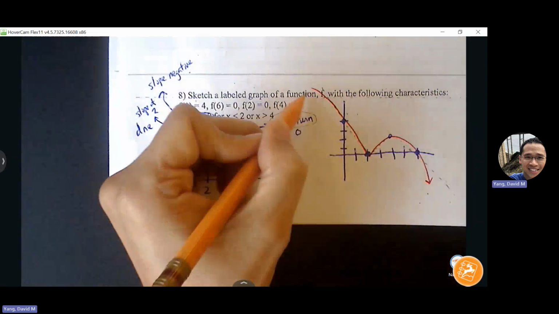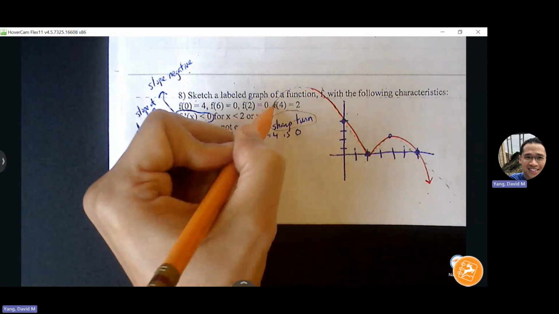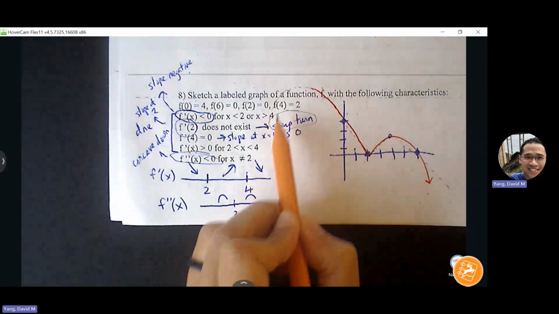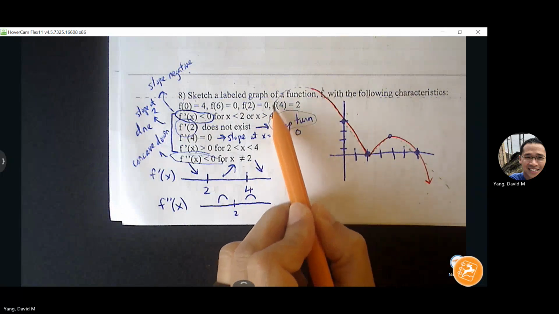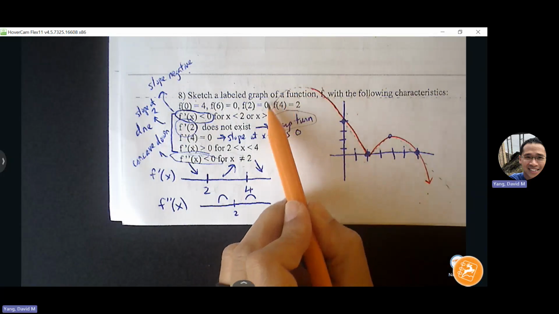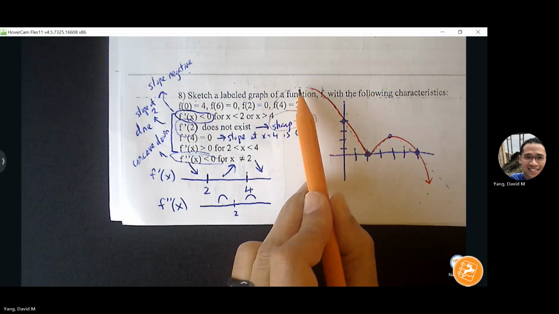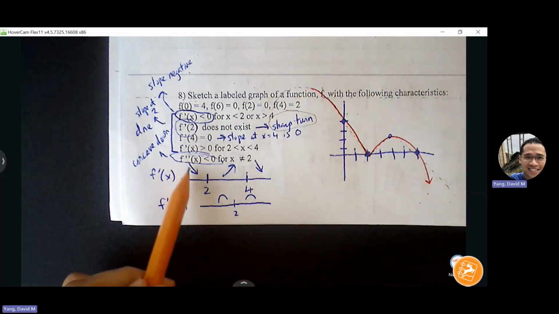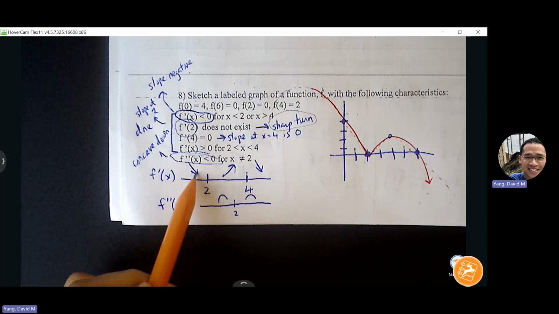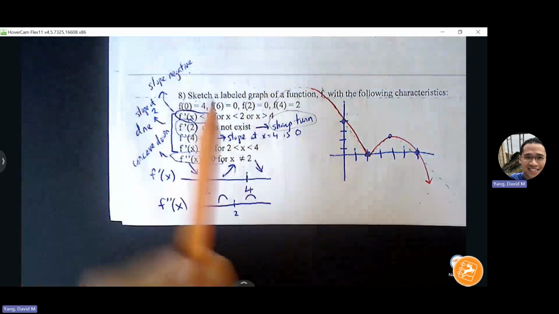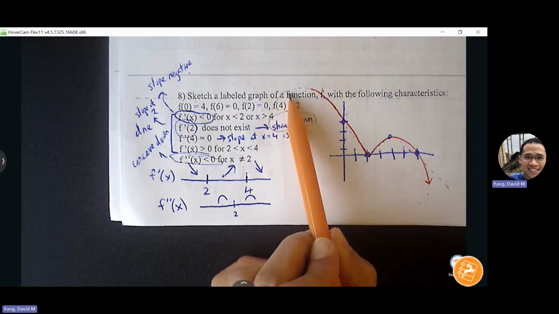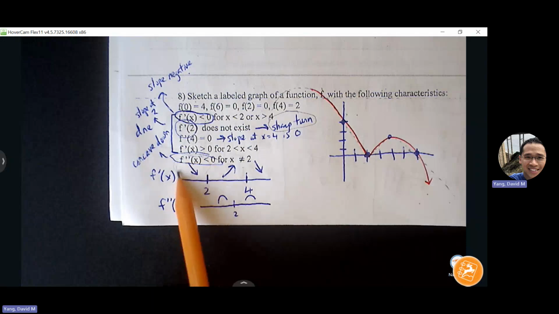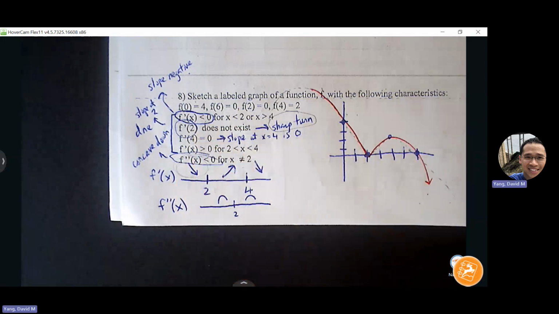Now this feels like a full concave down shape, but this doesn't quite feel like it. So can I do this? Can I just make it so that my graph has more of a full concave down shape? Why can I not do this? Because my slope has to be what? Negative, right? It has to be negative all the way from negative infinity to 2. So if I include a full concave down, then I'm creating a positive slope, which we know is not true because that's not what the property tells us.